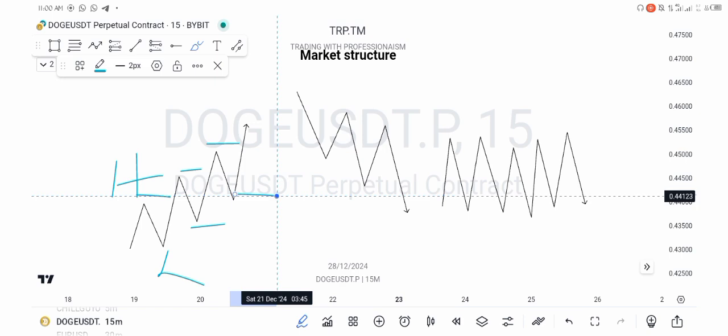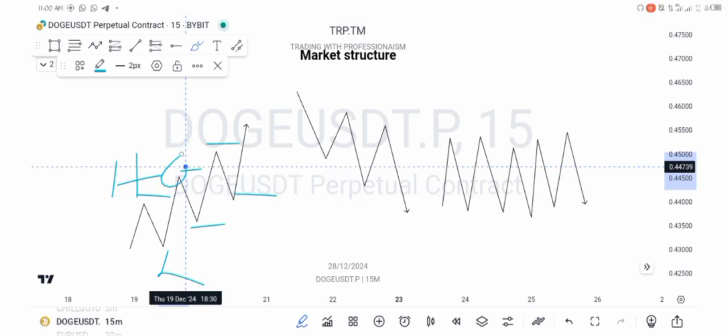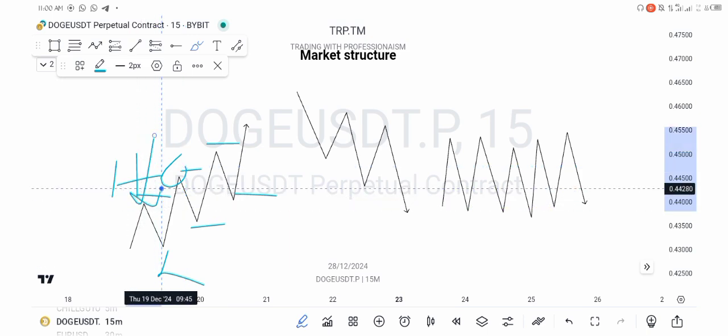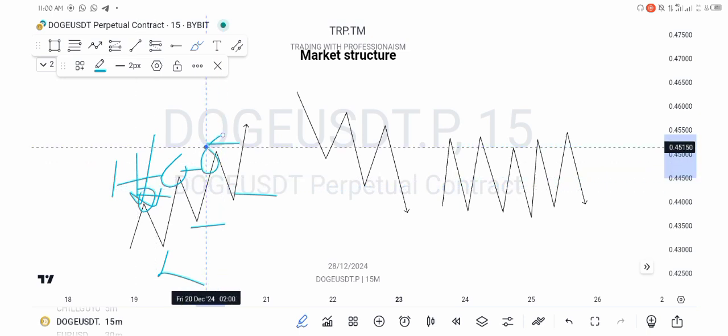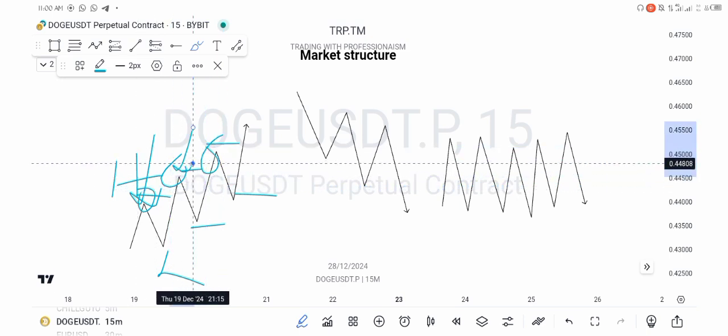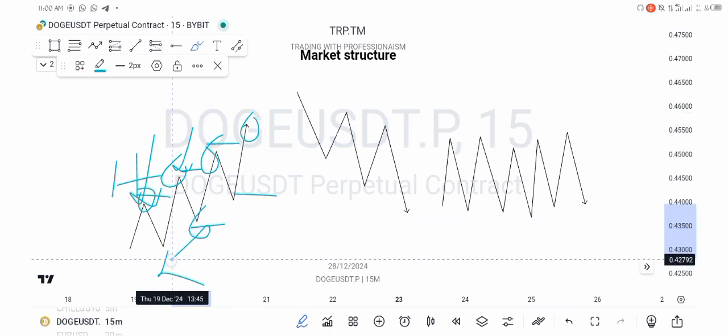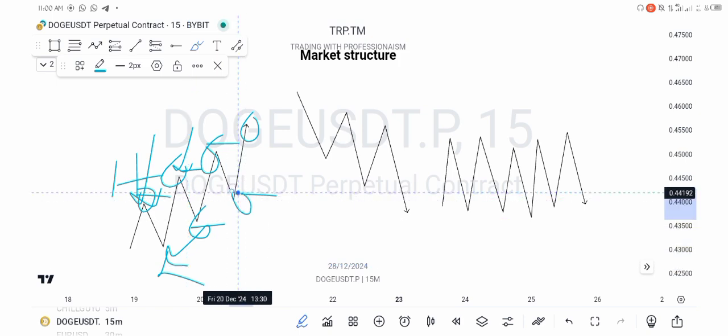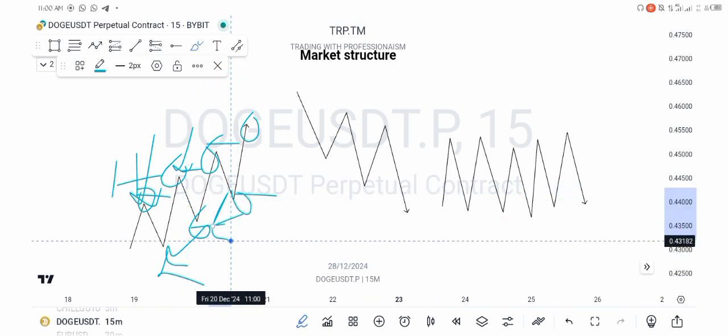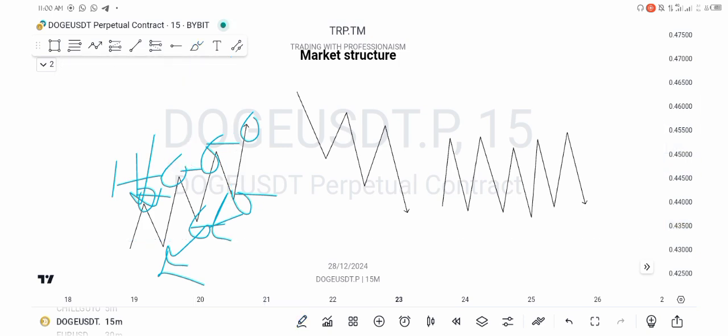Lows are the under of the trend, and highs you should already know by the name. The next high is higher than the previous high, and the next low is higher than the previous low. That's what I mean by higher highs and higher lows.